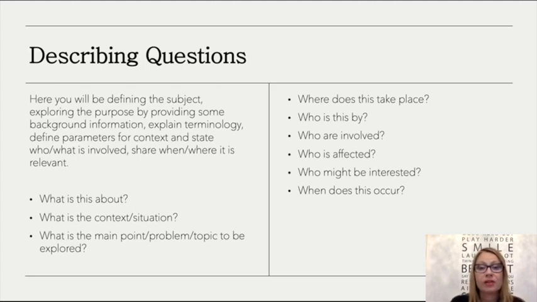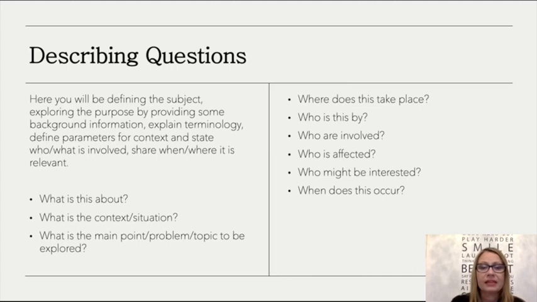As you progress through three years, you may be looking at your own topic, for example. Where does it take place, who are the key instigators, who's it by, or who is involved, who are the main writers, if any seminal authors, who's affected, who might be interested, and when does it occur.